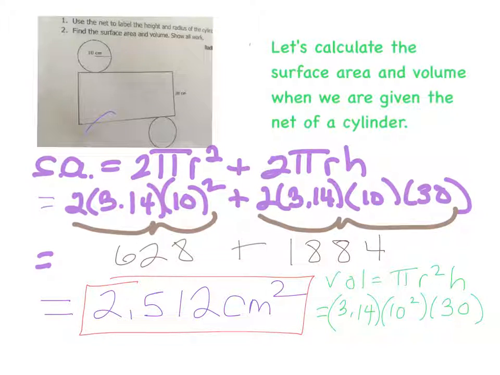When I multiply all of these together, the 3.14, the 10 to the second power, and the 30, I'm going to get a product of 9,420 cubic centimeters. And remember, when we're solving for volume, our unit of measure is always going to be cubic, or have an exponent of 3.